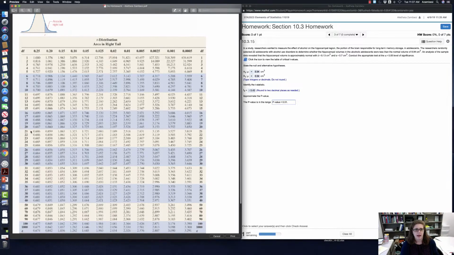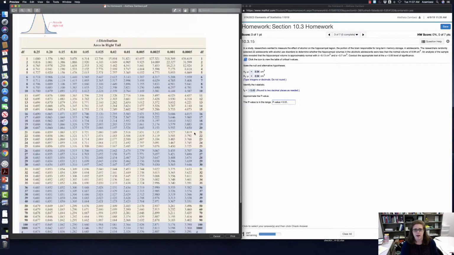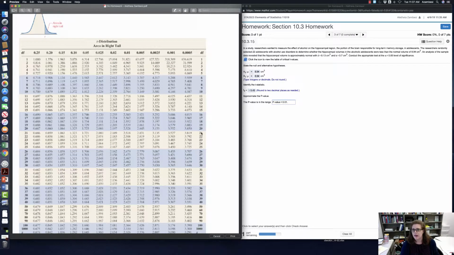So I'm looking at the row that corresponds with 21 degrees of freedom. Now, whatever test statistic I calculated, I have negative 5.43. I'm going to look for the absolute value of that, and I'm going to try and place it between two rows or two columns in my table.